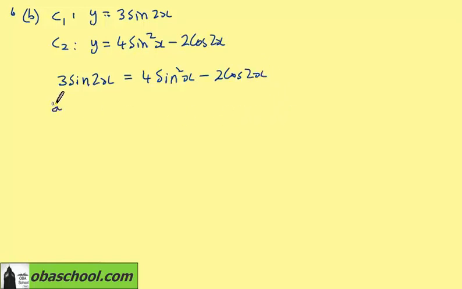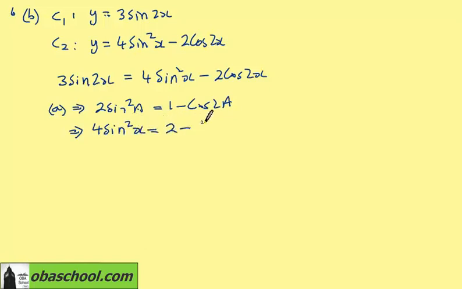Now from Part A, we know that 2 sine squared A is equal to 1 minus cos 2A. And that must mean that 4 sine squared x is the same as 2 take away 2 cos 2x.